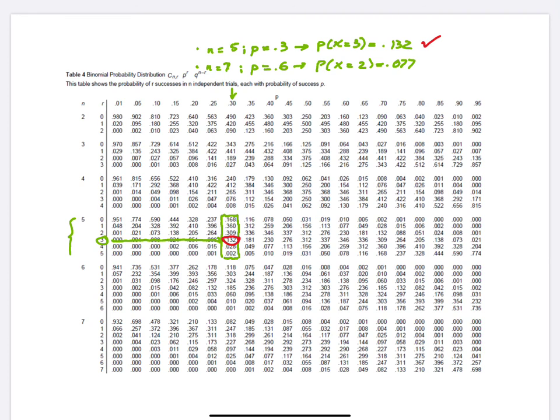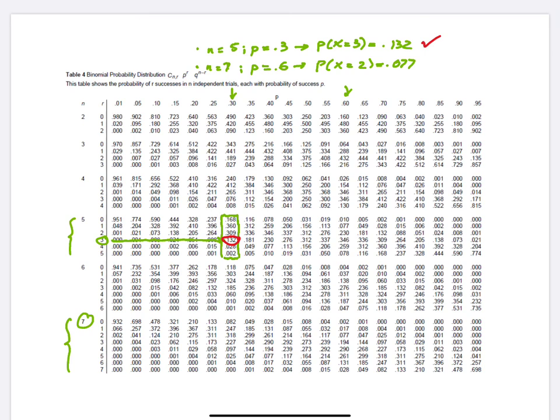Now let's try the other one. In the other example, we have 7 trials, so we want to go to the part of the table where n is 7. It's essentially this part. We have a probability of success of 0.6, so we look under the column 0.6.